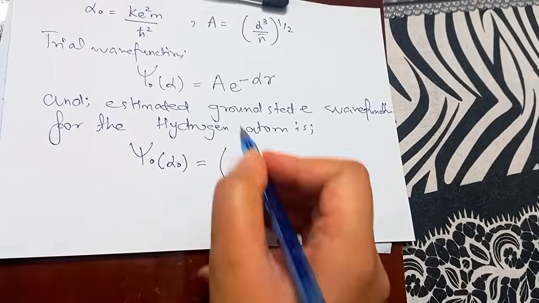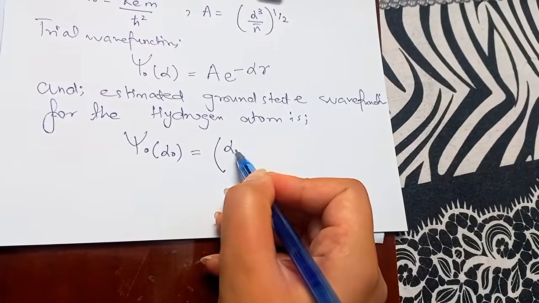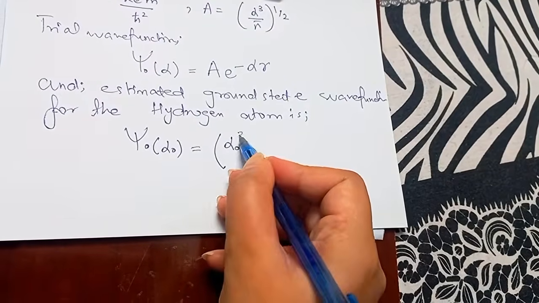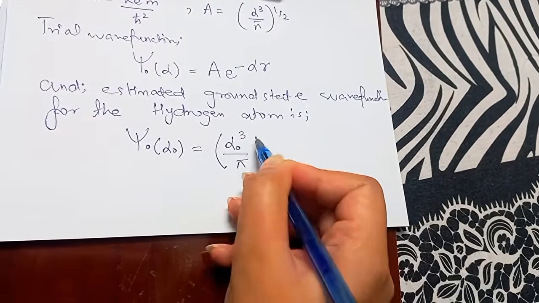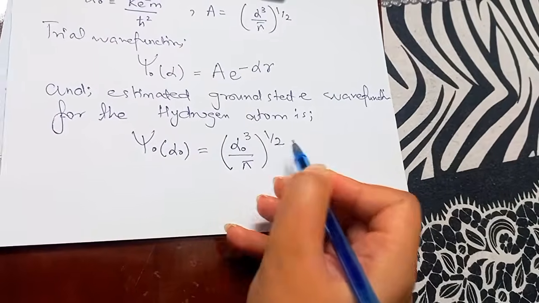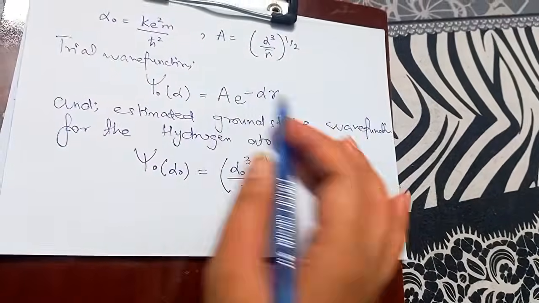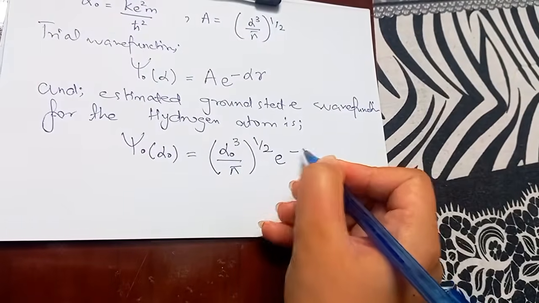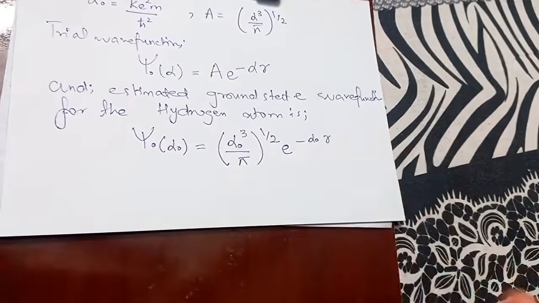So putting the value of A here as well, in place of alpha we will write alpha naught: (alpha naught cube divided by pi) to the power 1 by 2, this is the value of A, times e to the power minus alpha naught r.